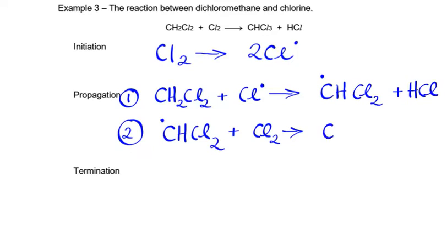So we now have a third chlorine attached to the carbon, so we've now made trichloromethane, as well as producing a chlorine radical which will go on and react further.